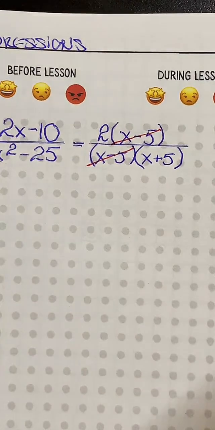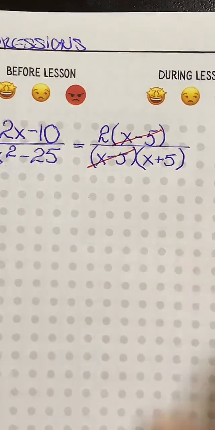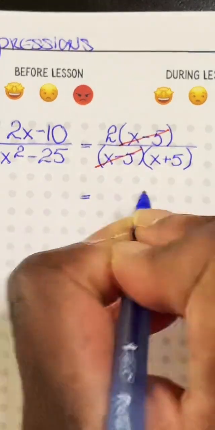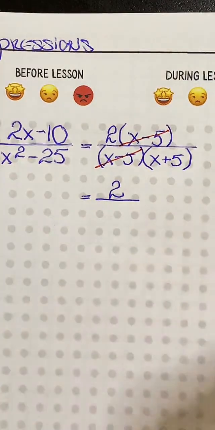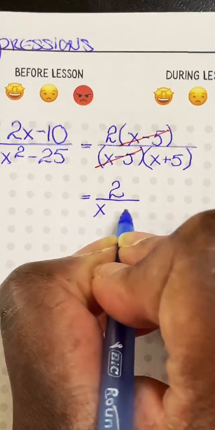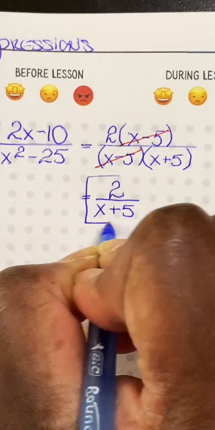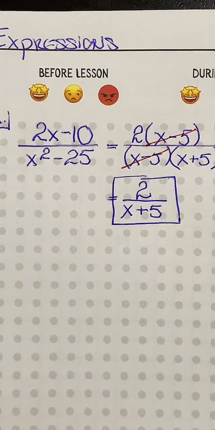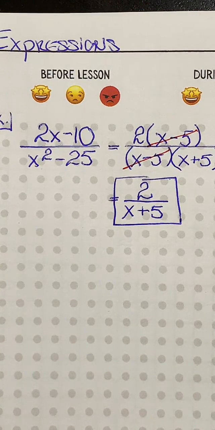Everything is basically what it should be. I'm going to clip this so my wind doesn't take it. And what we have as a solution is 2 over x plus 5. And that's what it means to basically simplify a rational expression, right?